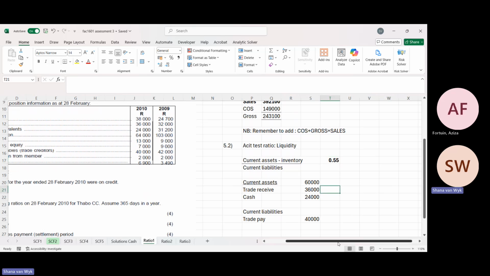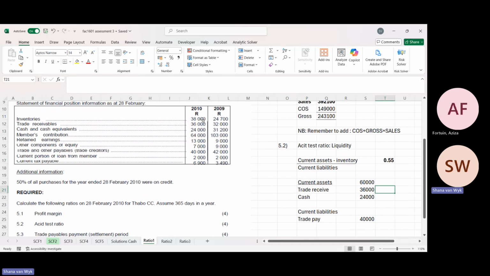I'm just a bit unsure whether I had to look at the difference between 2009 and 2010 or just look at 2010. Just 2010. Okay, so 0.55.